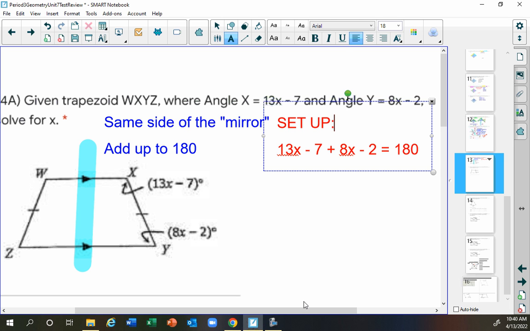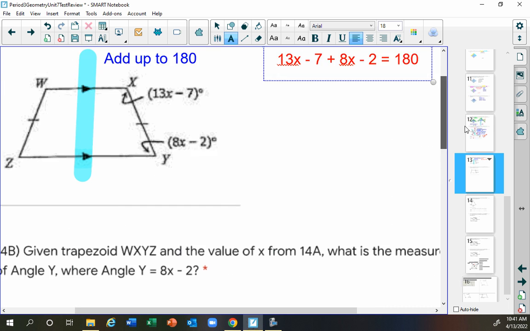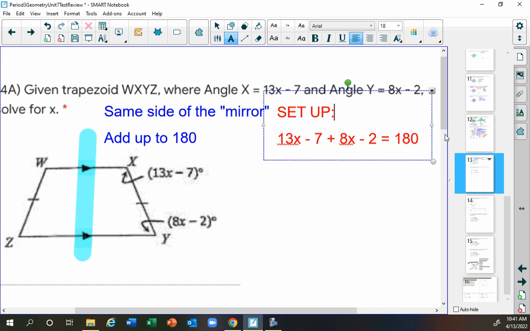So yeah, same side of the mirror, they add up to 180. For the 14 degrees, would I have to put 8 times whatever x is minus 2? Let's see. Yeah, that's exactly what you do. Very good.